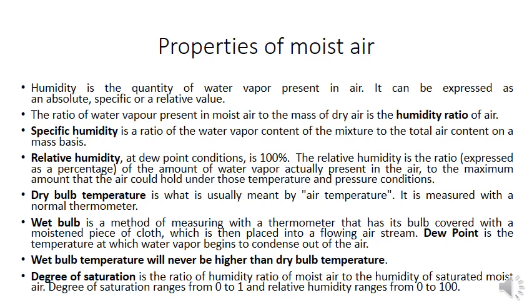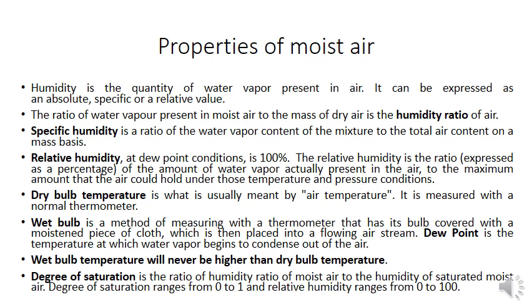At dew point condition, which is 100%, the relative humidity is the ratio of the amount of water vapor which is actually present in the air to the maximum amount that air can hold for this specific condition. So in general terms, we can understand that if we are talking about the ratio of water vapor present in a specific amount of air, that's a humidity ratio.